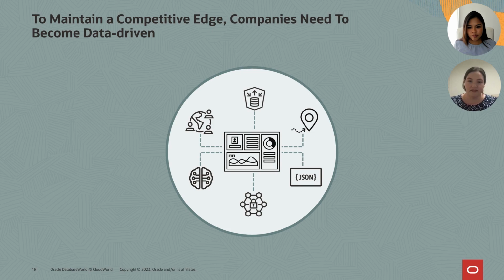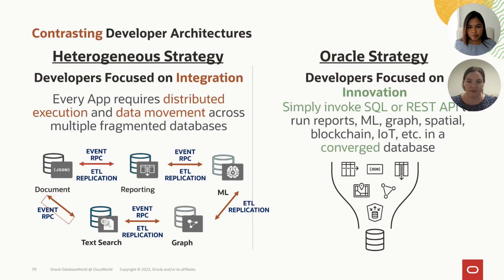The converged database is a modernized approach to data management. While traditionally, an IT department would need separate instances for each different data type or workload, the Oracle database puts it all under one roof.